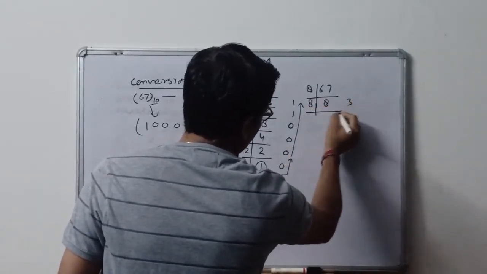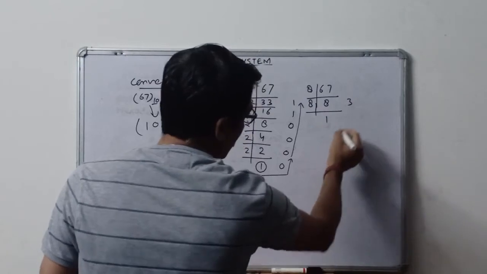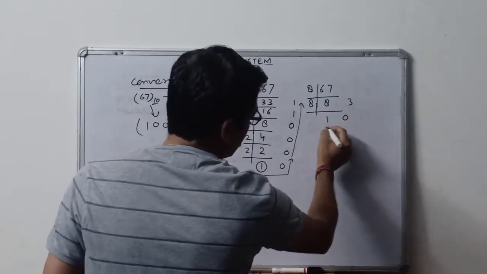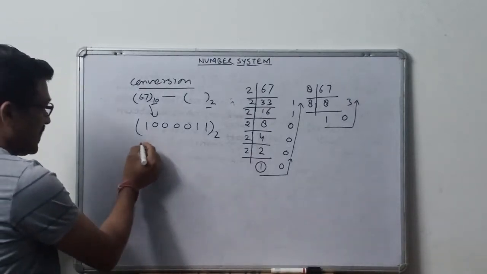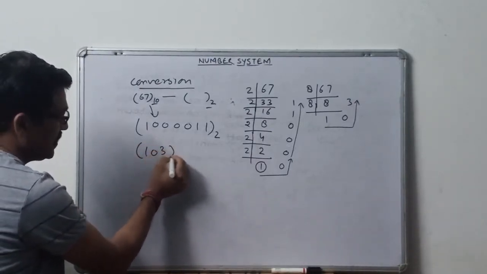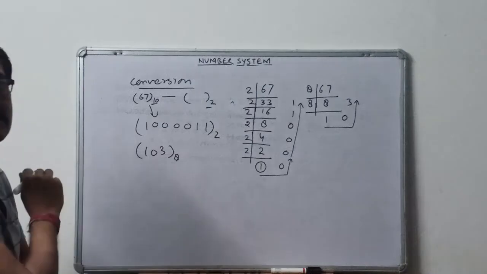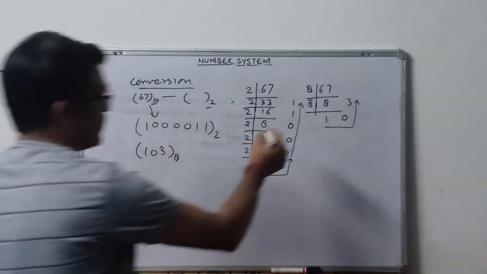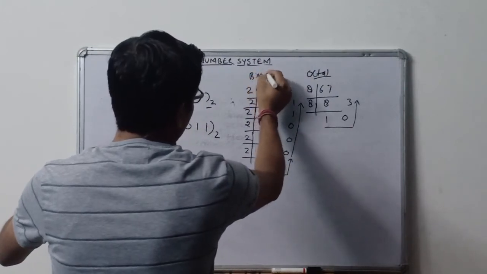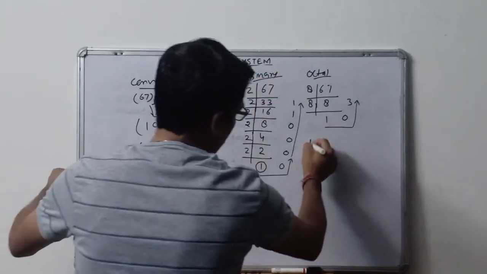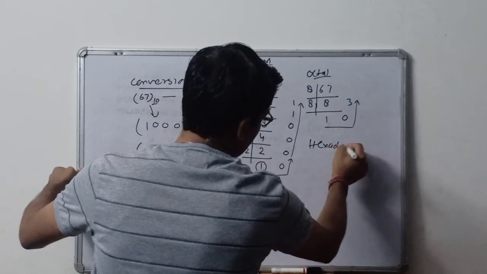Now divided by 8 again. 8 1s are 8. Remainder is 0. From bottom to top, it is 103 in octal. This is octal, this is binary. Now hexadecimal.